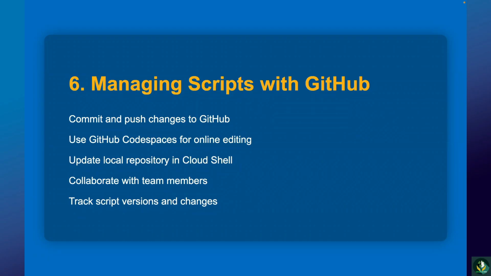We'll learn how to use Azure Cloud Shell as our execution environment, and we'll deploy Azure resources using our PowerShell script. We'll also remove Azure resources using another PowerShell script, and finally, we'll learn how to use GitHub and code spaces for version control and collaboration. With that said, let's get started.